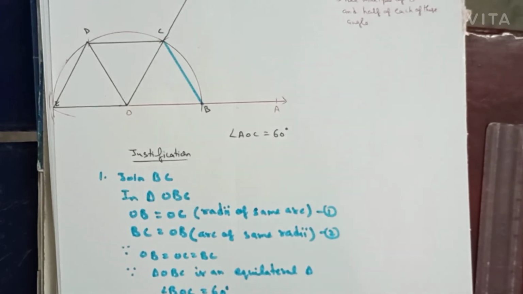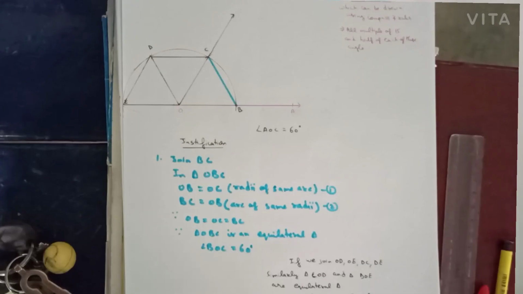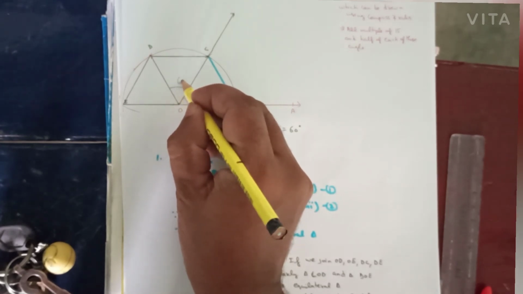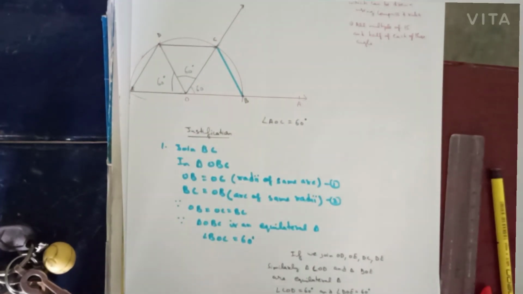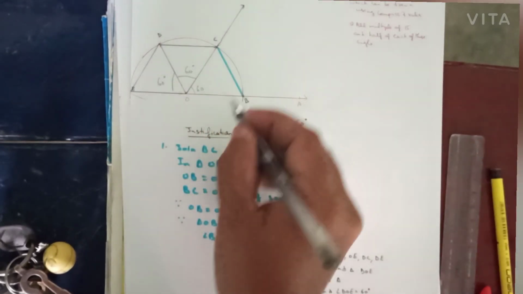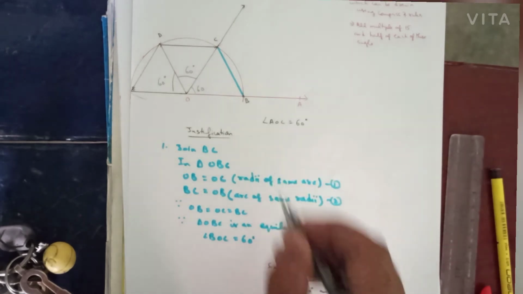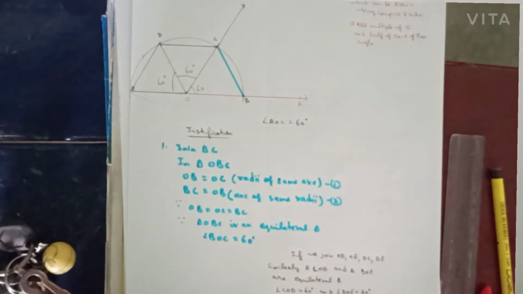That means the measure of angle COD will also be 60 degrees and the measure of angle DOE will also be 60 degrees. So angle COD is 60 degrees and angle DOE is also 60 degrees, or we can in turn say that angle AOD is equal to AOC 60 plus COD 60, that is 120 degrees, and angle AOE is equal to 180 degrees, because 60 plus 60 plus 60 is 180 degrees.